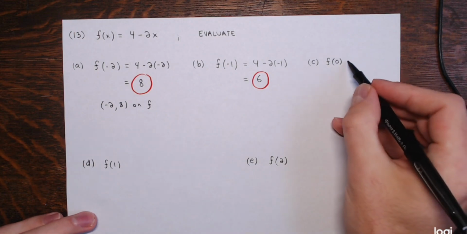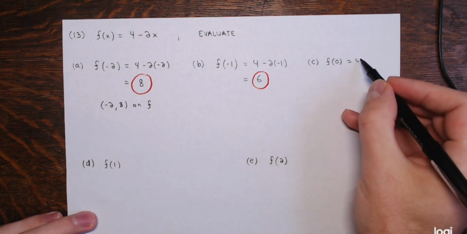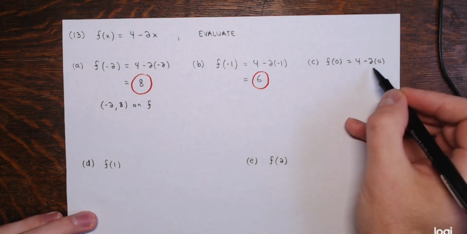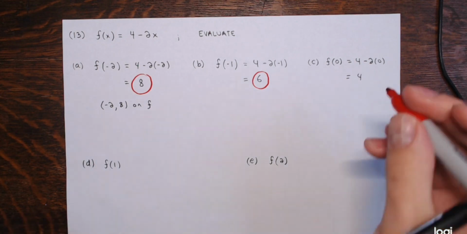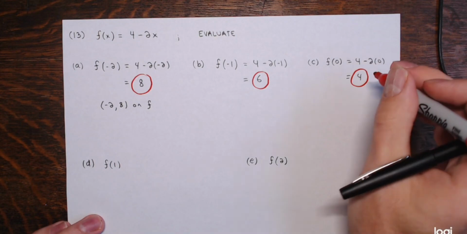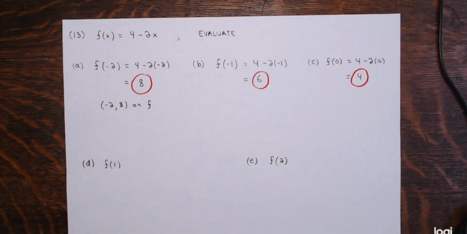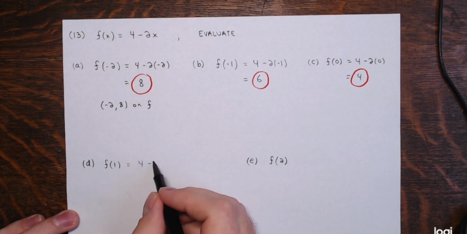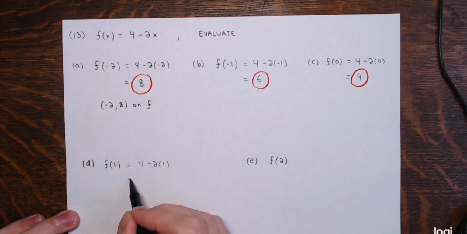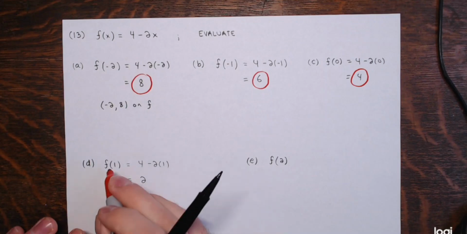What's f of 0? It would be 4 minus 2 times 0, or just 4. So input 0, output 4. Right? Ordered pair 0, 4. F of 1 would be 4 minus 2 times 1. It's just 4 minus 2, which would be 2. Input 1, output 2. Right?